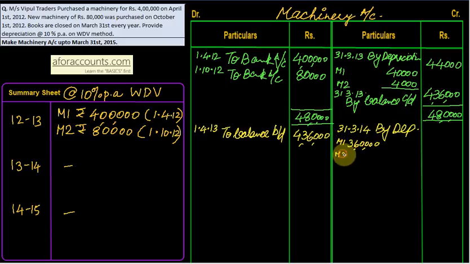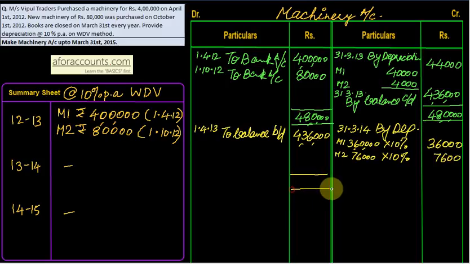And for machine 2, 80,000 minus 4,000 that is 76,000 is your written down value. Now take 10% of it. So 3,60,000 into 10% is equal to 36,000. And 76,000 into 10% that is 7,600. This is your total depreciation. And take the total and bring the balance down.